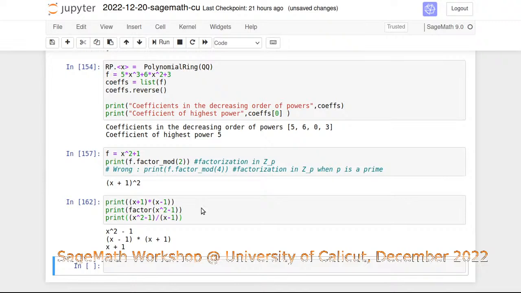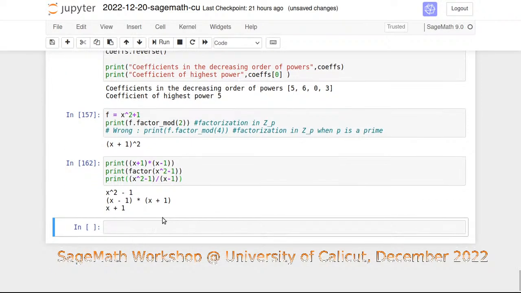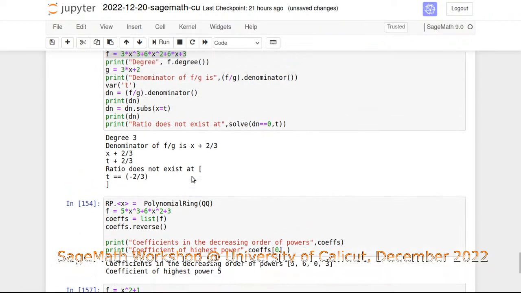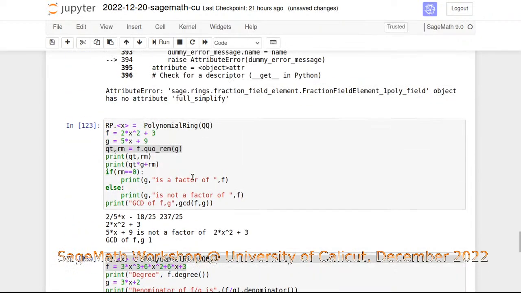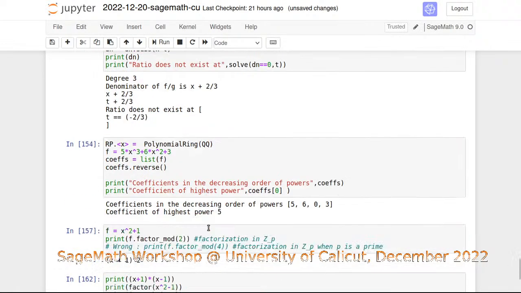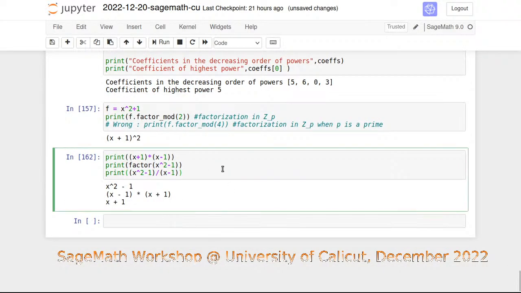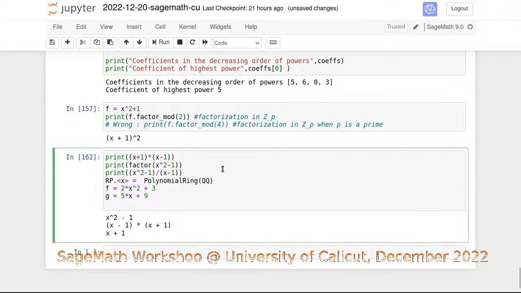Now one final command I will try to explain. GCD can also be found, directly. We have seen two polynomials already here. Where is that f and g? Yeah, this is our f and g. So GCD of f comma g.